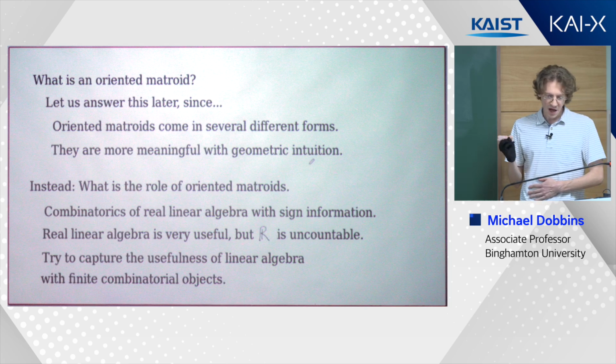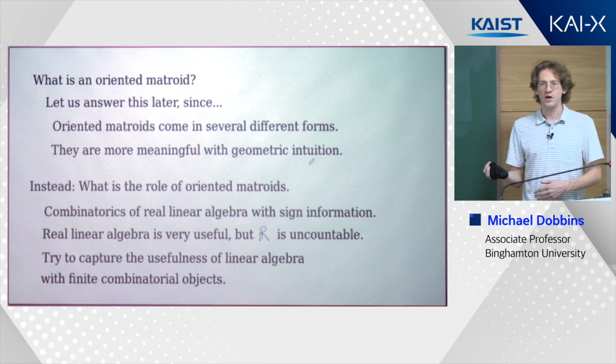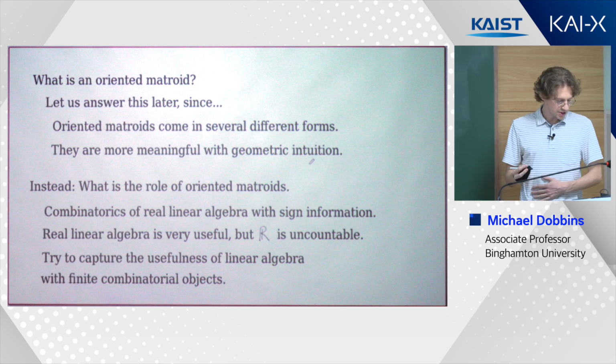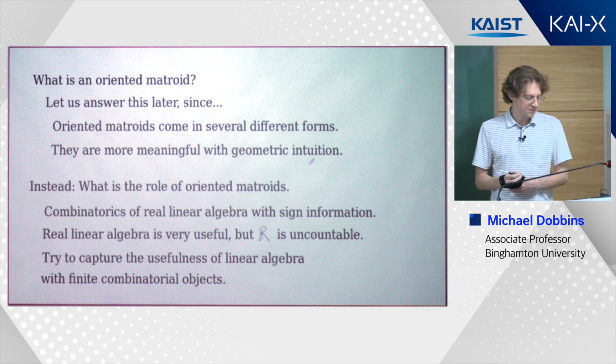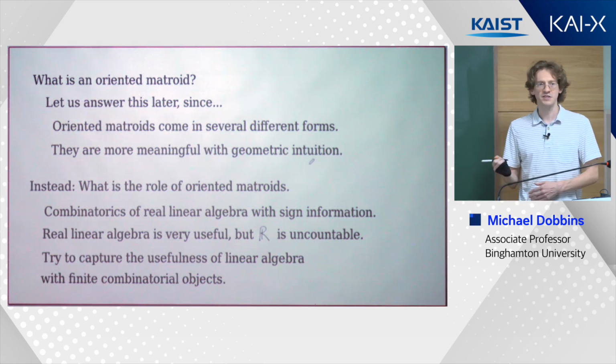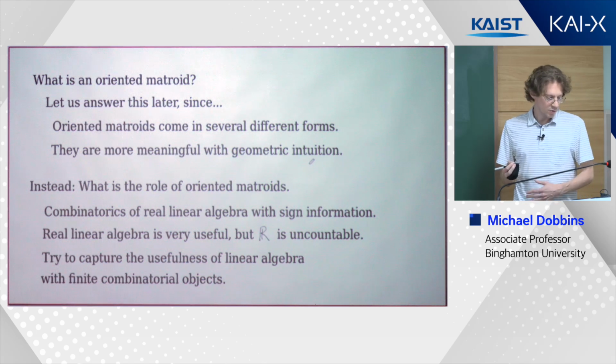So a better place to start is looking at what is the role of oriented matroids. And for this, I would describe it as the combinatorics of real linear algebra with sign information, like positive, negative, 0. And why are we interested in that?